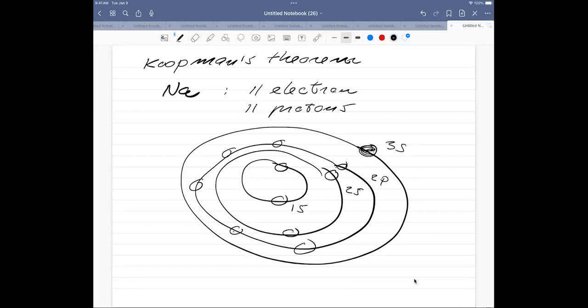Now, what you can have is the ionization of sodium, and that means that you would get a sodium ion where you've taken away the outer electron, which is the weakest bound one. And you can then interpret that in terms of a free S electron. It doesn't need to be that one.